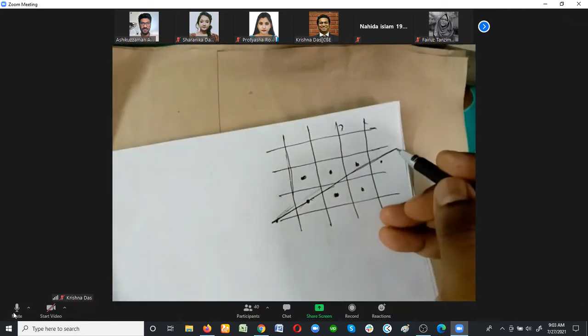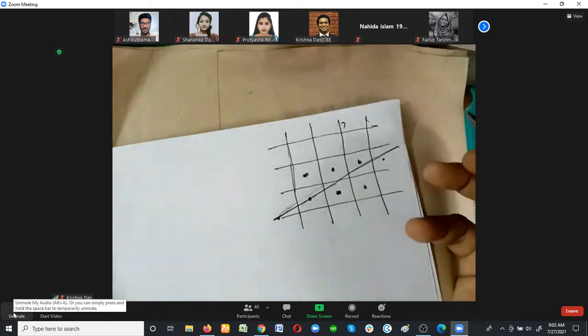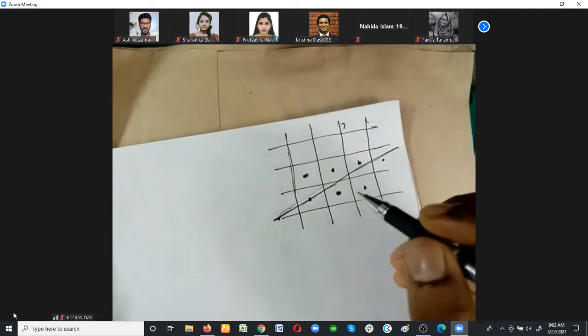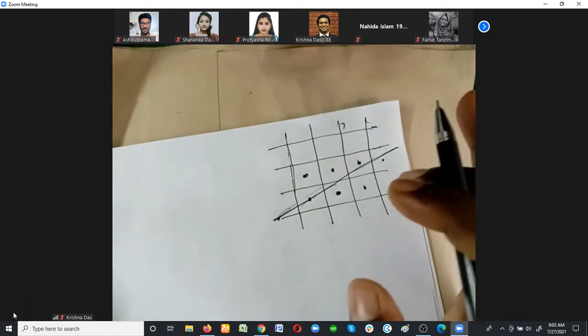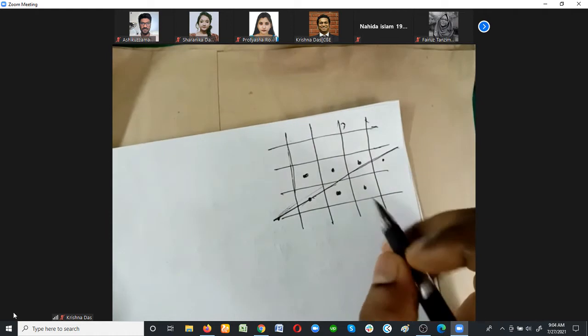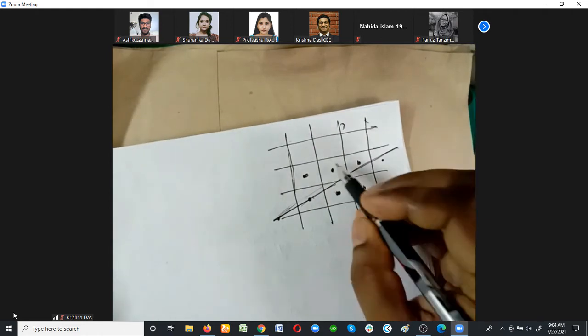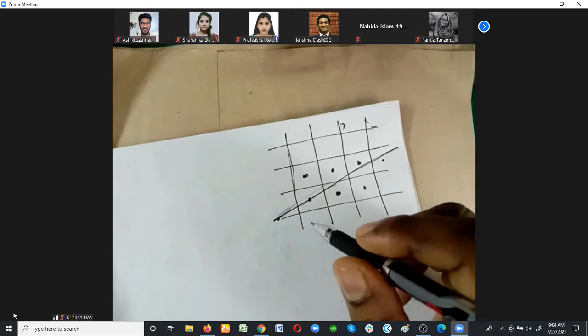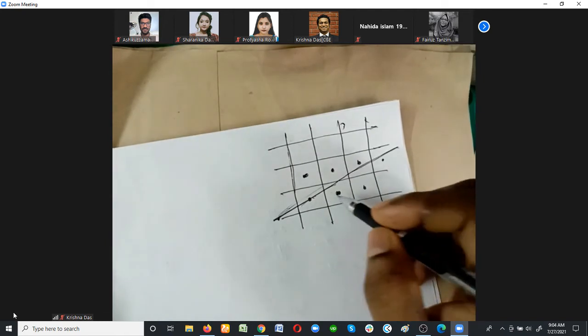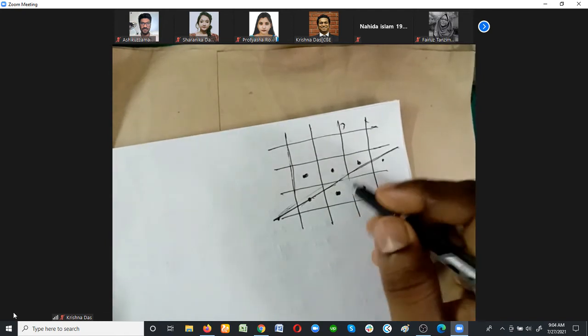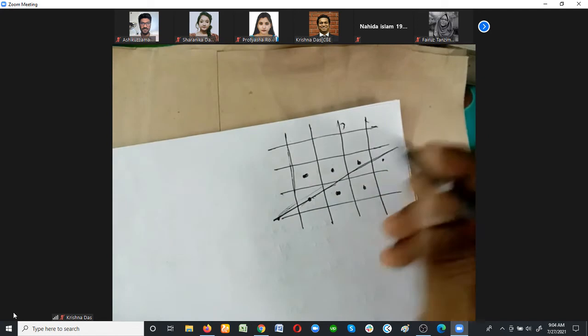This is my straight line going through the pixels, okay, and the problem is why we are telling it as a problem: this line is going through this pixel and this pixel, right? According to DDA, both will be considered, and the line is going this way.